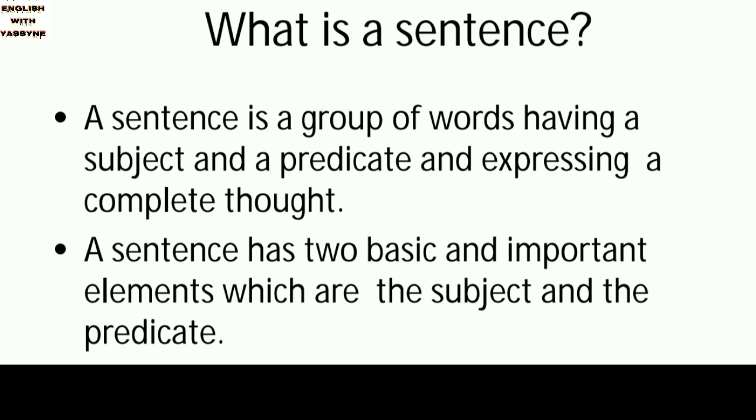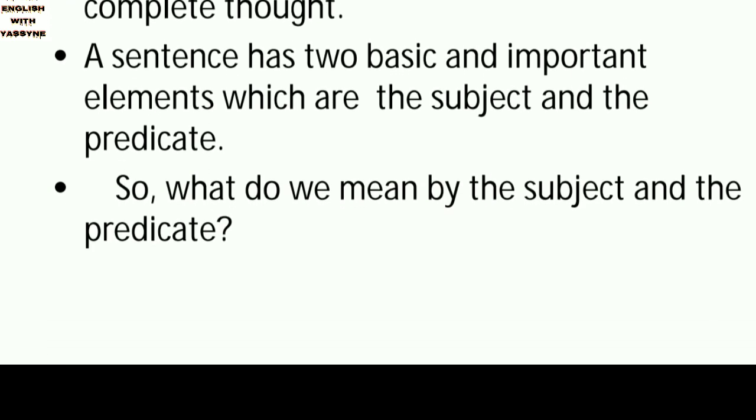A sentence has two basic and important elements, which are the subject and the predicate. We're gonna start with the subject, and in another video we're gonna deal with the predicate and its types. So what do we mean by the subject and the predicate?